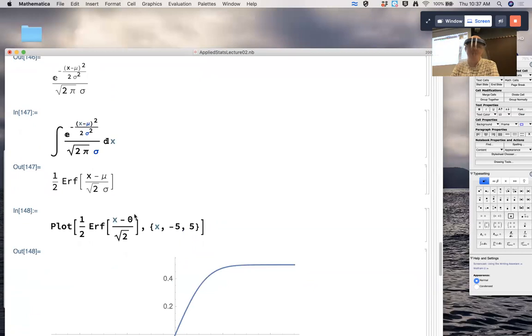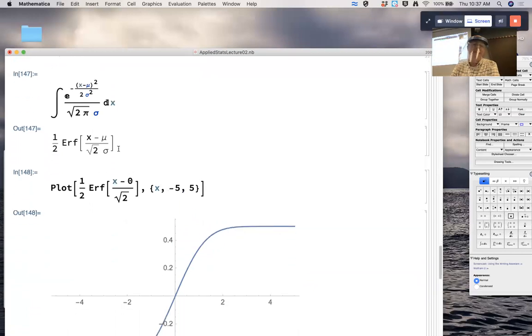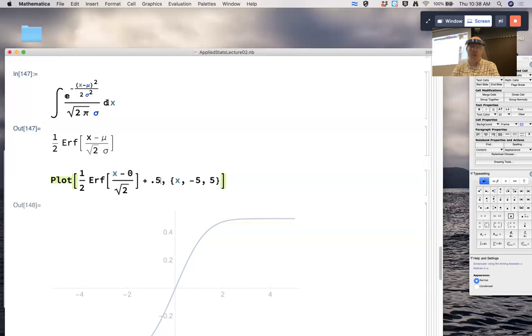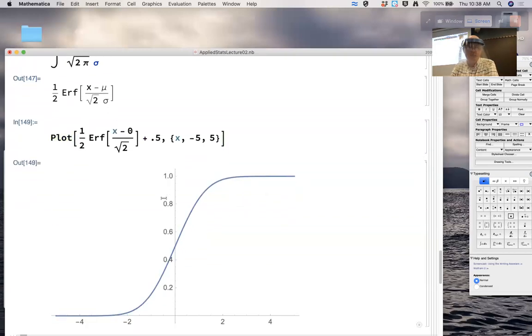Well, not quite. Okay, sorry. I need to shift it up. It is an antiderivative, but it's not the CDF. I have to shift it up by 0.5 to get the CDF. That's the graph of the CDF of the standard normal distribution, mean 0 and standard deviation of 1.